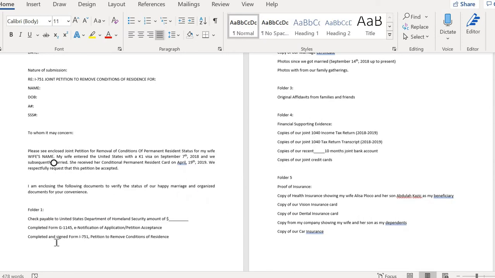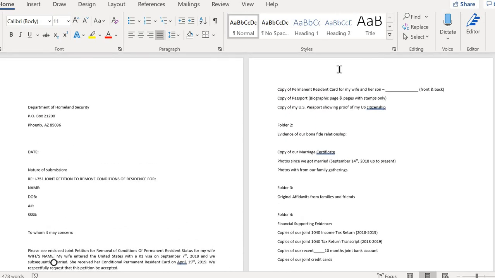Here's the first one, which includes the check payable to United States Department of Homeland Security, completed form G-1145, e-notification of application petition acceptance, completed and signed form I-751, petition to remove conditions of residence, then a copy of a permanent resident card for my wife and her son.